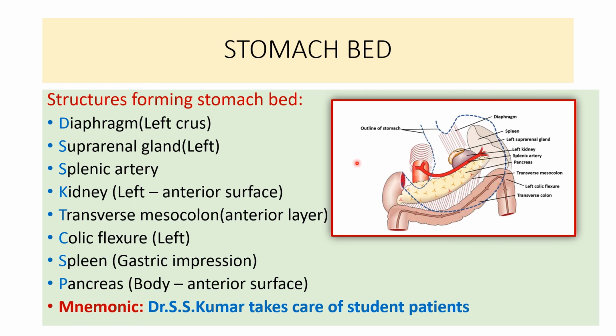There is the left crus of diaphragm, the left suprarenal gland, the splenic artery, the left kidney, the transverse mesocolon, the left colic flexure, the gastric impression of the spleen, then the body of the pancreas. I hope you have understood the definition of the stomach bed and the structures forming the stomach bed.